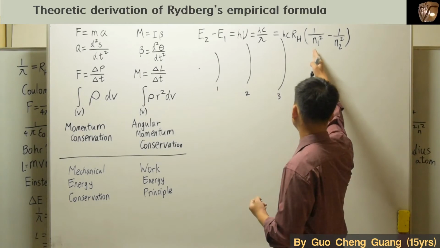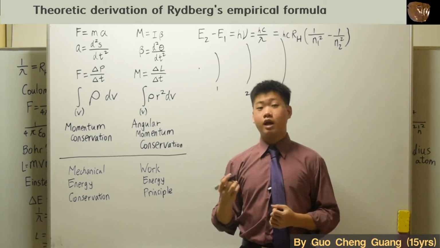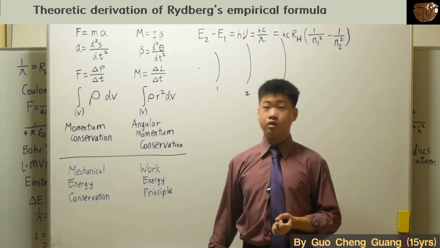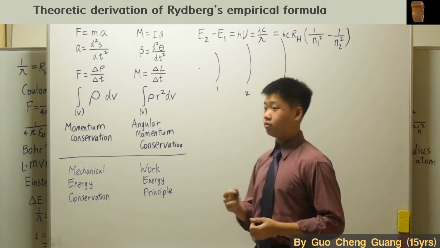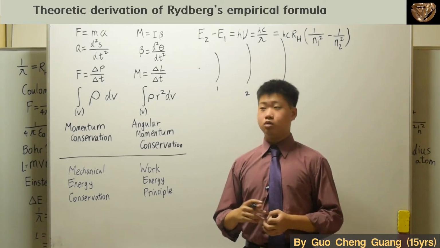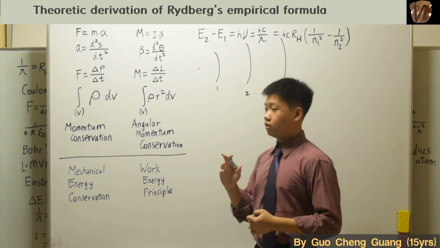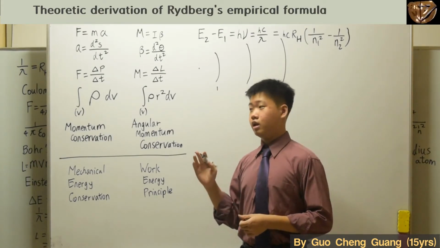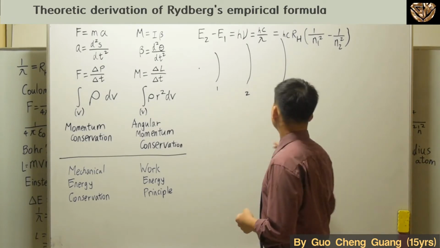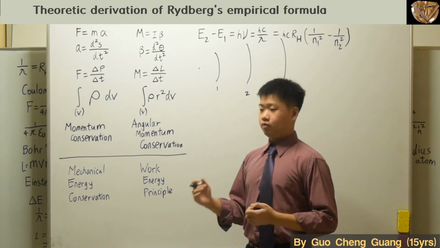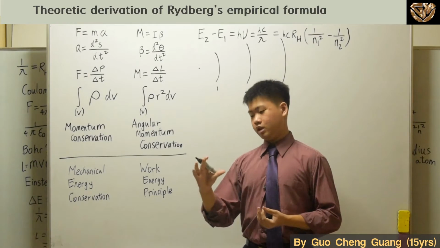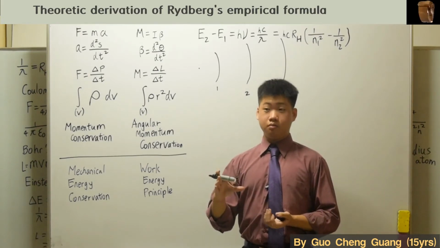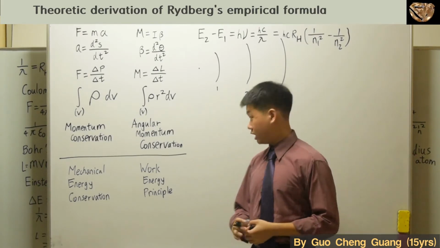So n1 is always smaller than n2, but other than that, they could be any integer, alright? So they can be any integer with the condition that n1 is smaller than n2. If they are equal, then it is just zero, since if an electron on one shell stays the same, there will be no energy lost or gained.